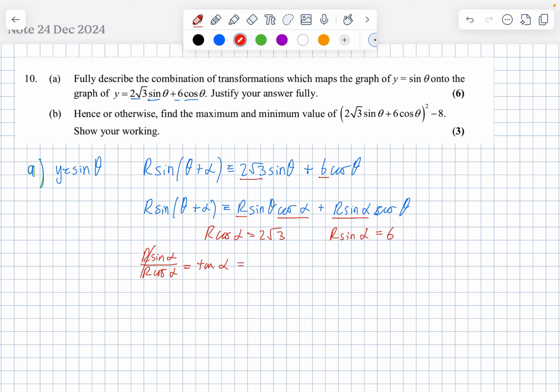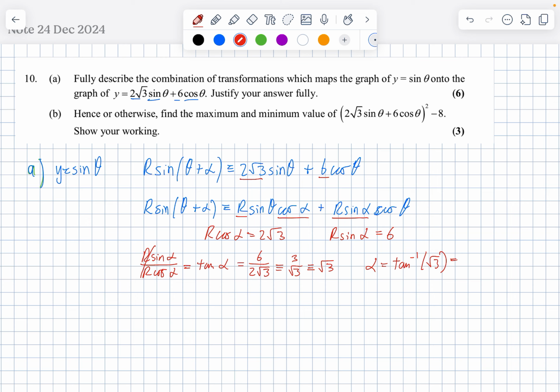So tan alpha is equal to 6 over 2√3, which is basically just 3 over √3, which we should all know is just √3. So now we want to know what alpha is. So alpha is arctan of √3.